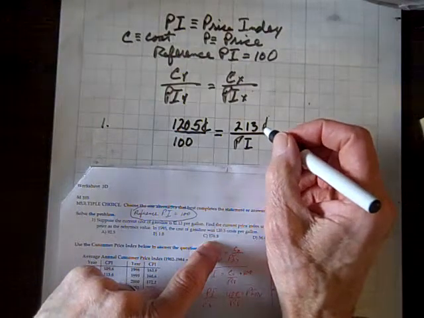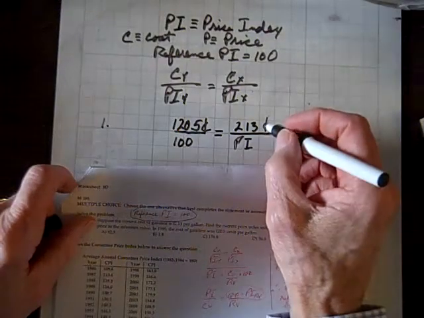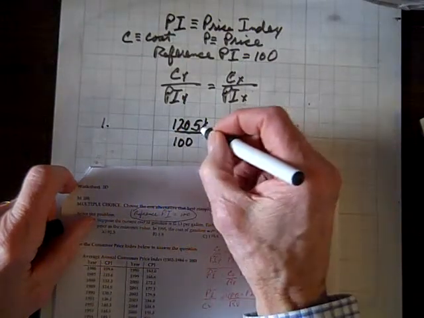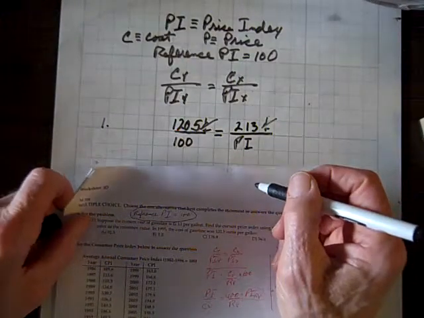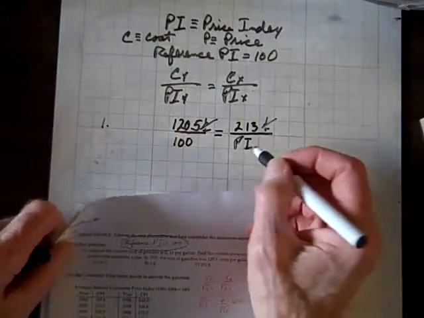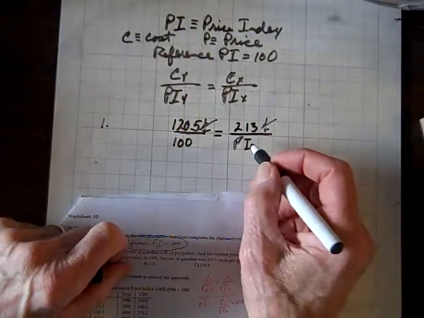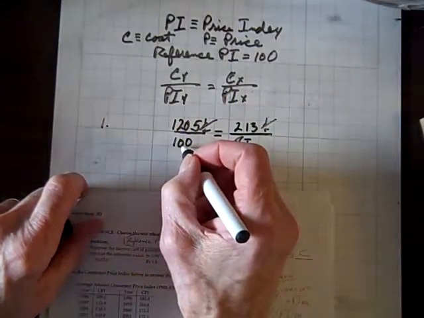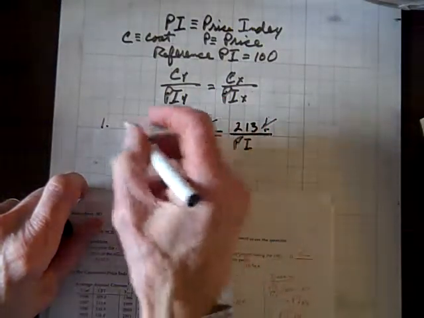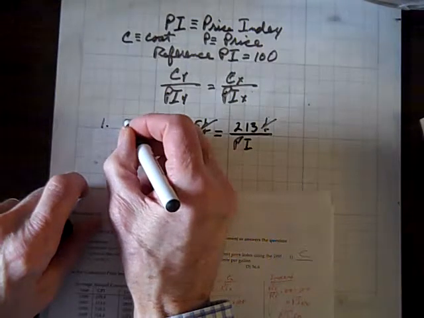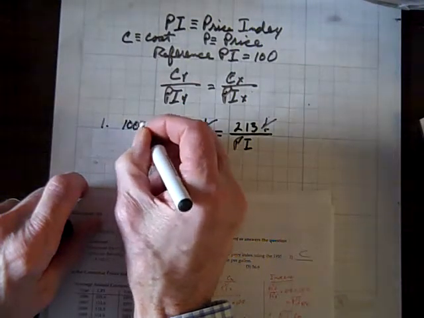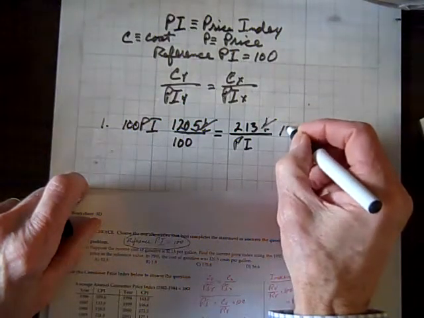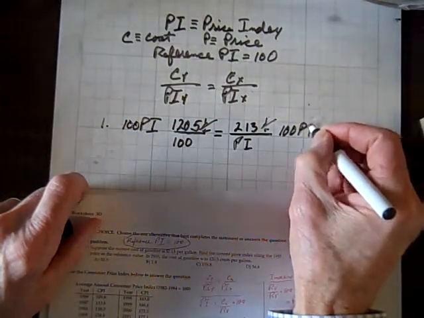And by the way, right now, if we divide both sides by cents, the cents symbols will divide out. Now we have to isolate P sub I, I beg your pardon. So we'll multiply both sides by the common denominator, which is 100 PI, not sub I, PI, 100 PI.